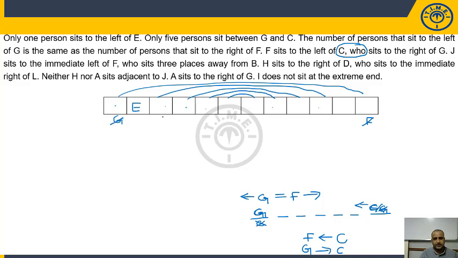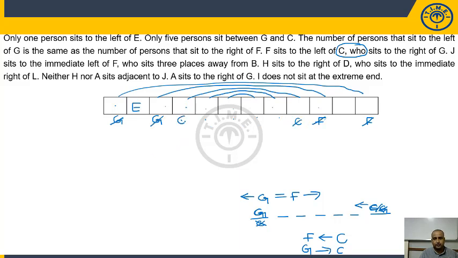And G cannot be taken here. If I take G here, third from the left hand, I should take F third from the right hand. But F should be left of C, and between G and C there are only 5 persons: 1, 2, 3, 4, 5. So C will come here. So here C is becoming left of F. But actually F should be left of C. So even this is not possible.